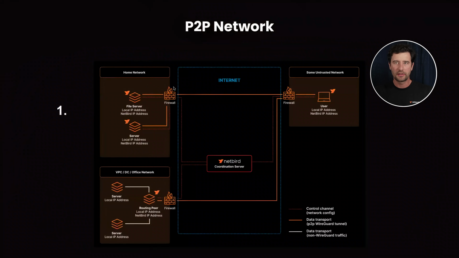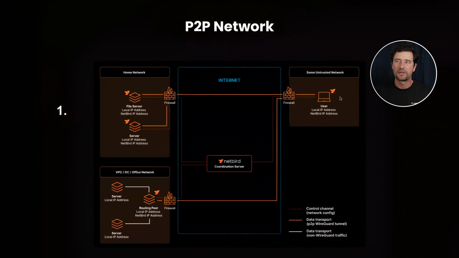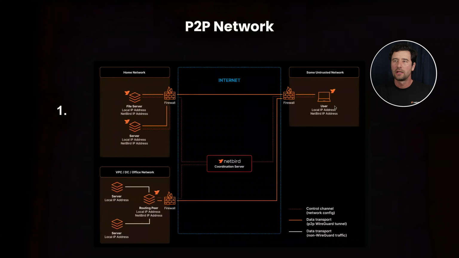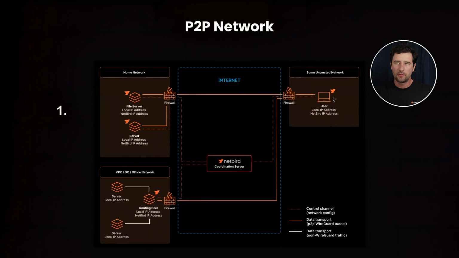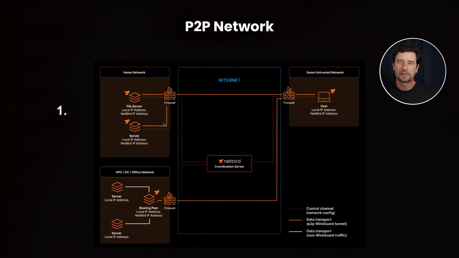The first one is a complete peer-to-peer network, when you install the NetBird agent on every resource, every machine, device, right? For instance, here on the right side, there is a user laptop, and there is this little icon that indicates that there is a NetBird agent running on this laptop. On the left side, you have a file server and another server that are in some network. It can be a home network, for instance, but can also be an office network.